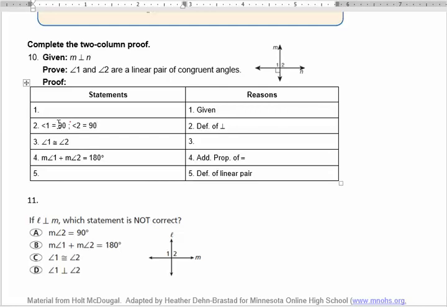Now step 3 says that angle 1 is congruent to angle 2. Well, if they're 90 degrees, they're right angles. I guess I can add a step that says that. And if they're right angles, we learned a theorem back in Chapter 2, Section 6.